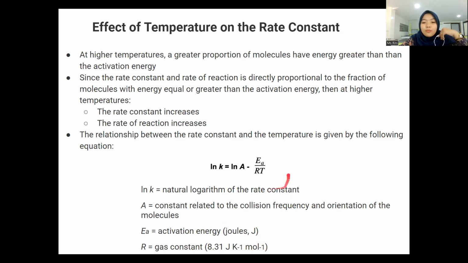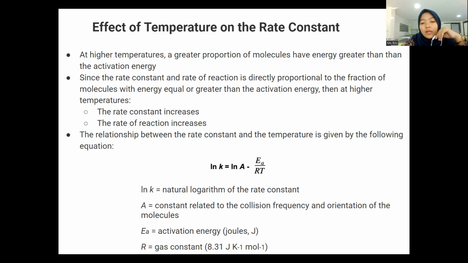This formula can be used if we know all of the information here. For example, k is the rate constant, A is a constant related to the collision frequency, Ea is the activation energy. But if we don't know more than one piece of information there, it can be hard for us.